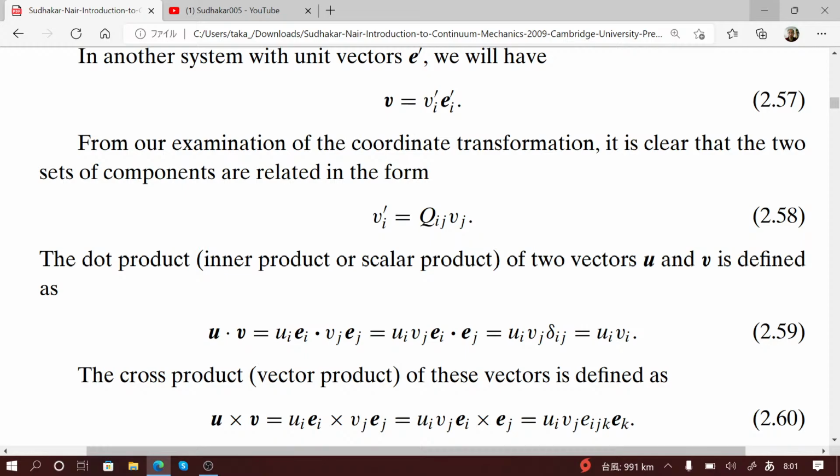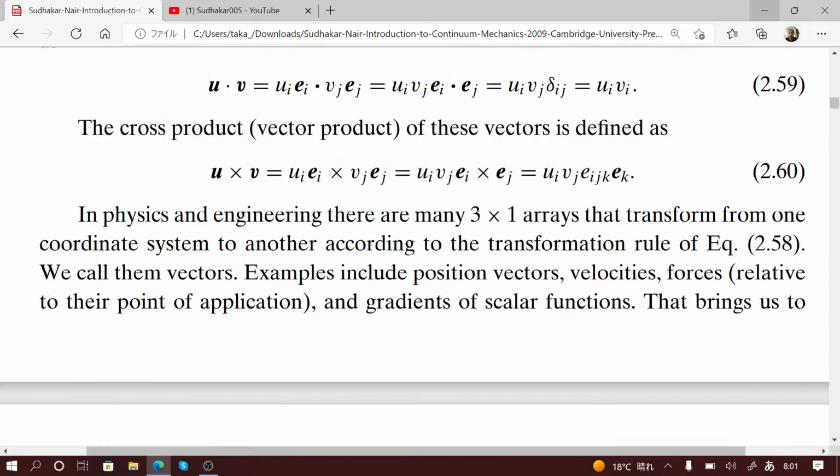The cross product, or vector product, of these vectors is defined as u cross v equals u_i e_i cross v_j e_j equals u_i v_j e_i cross e_j equals u_i v_j epsilon_ijk e_k.